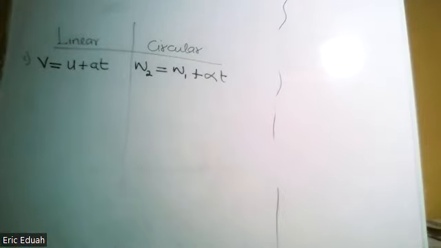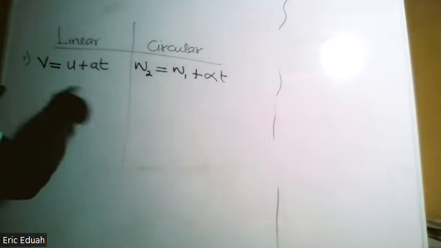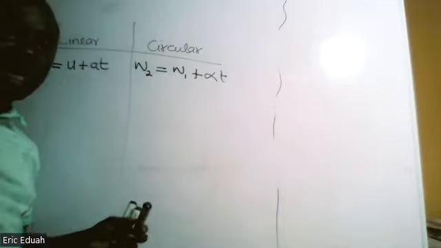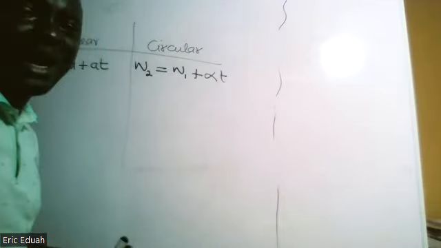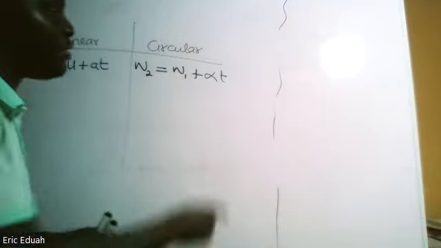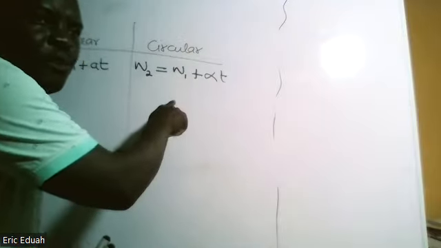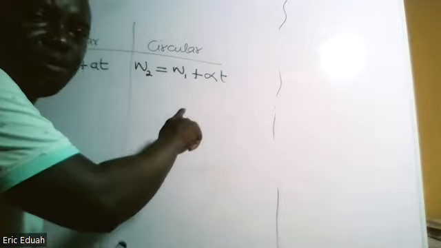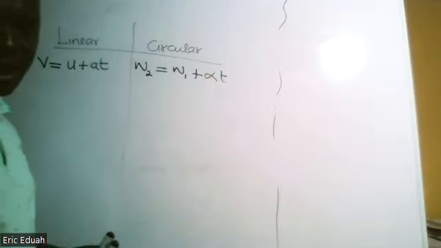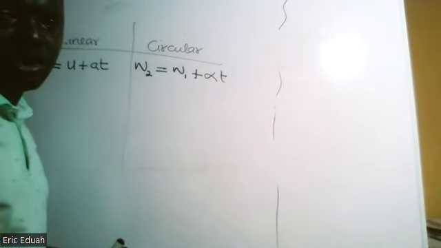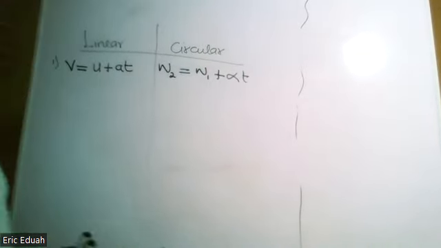We don't have angular time. The condition for these equations of linear motion is uniformly accelerated motion. That is why in circular motion we are also talking about uniform circular motion. That is the condition on which this one also holds.